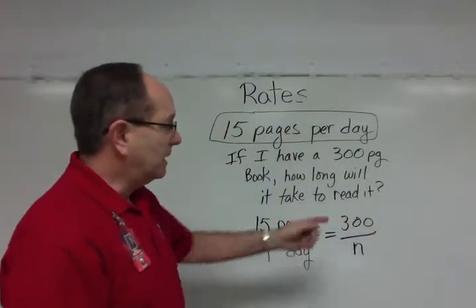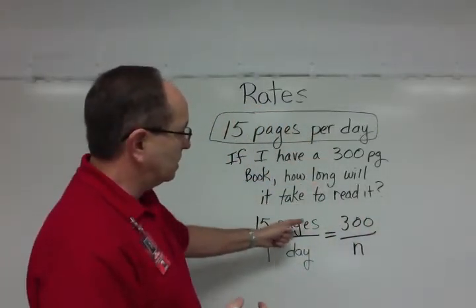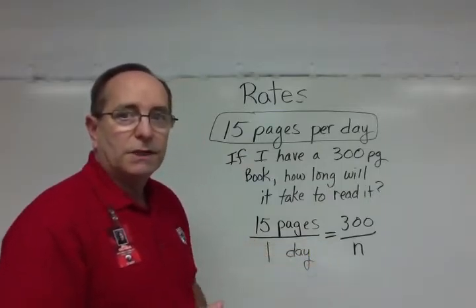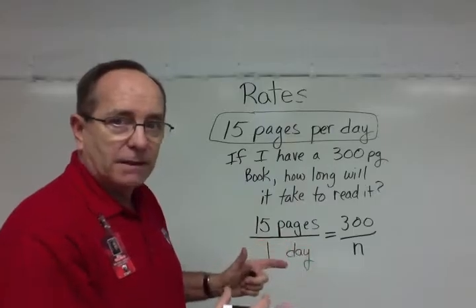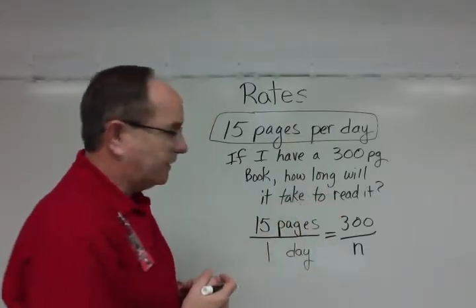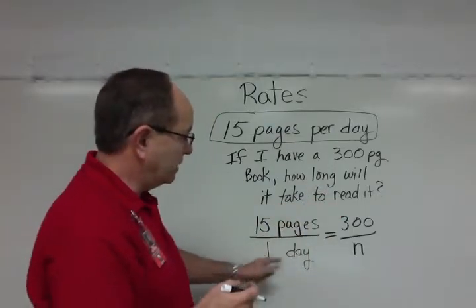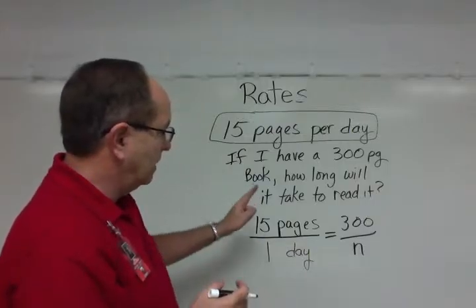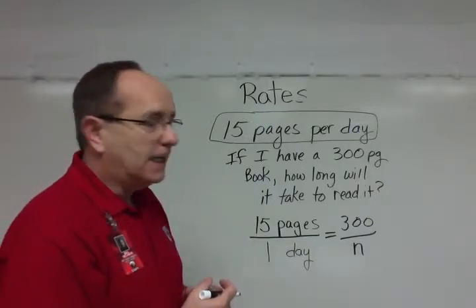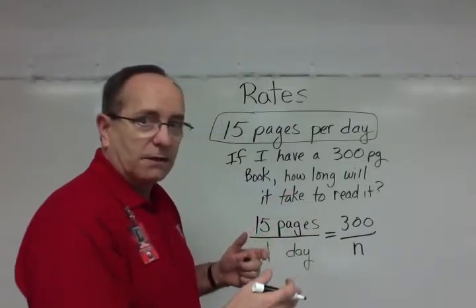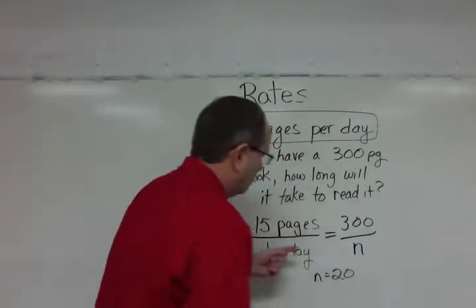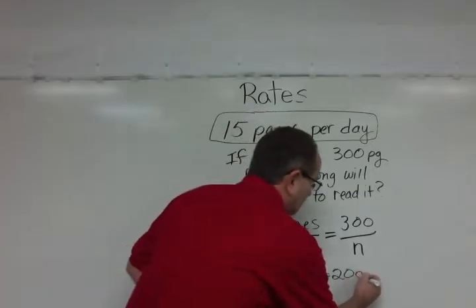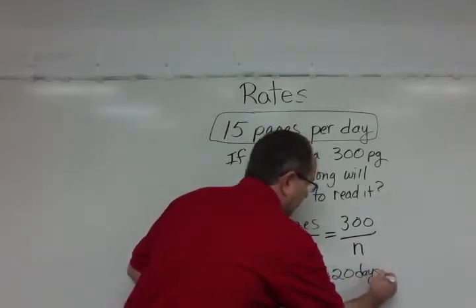Now I can always plug in that first. Okay, what do I know? Okay, it's the pages. And then what I don't know is that variable. So there's always one unknown in that rate format of those two fractions. And then I just simply cross multiply. 1 times 300 is 300. Divide by 15, and that calculation would be n equals 20, or 20 days is my answer.